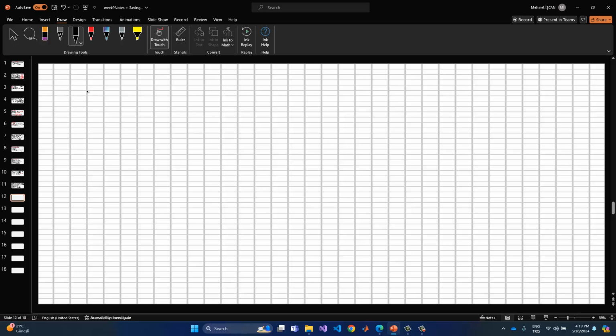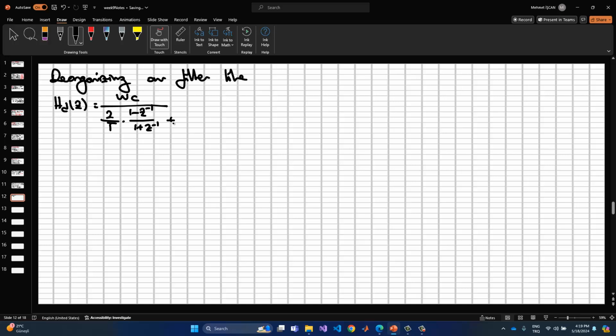First of all, if we have this representation, then we can reorganize our filter like this: H_d(z) is equal to wc divided by [2 divided by T times (1 minus z^-1) over (1 plus z^-1) plus wc]. And in order to remove these terms, we need to multiply by (1 plus z^-1) over (1 plus z^-1).